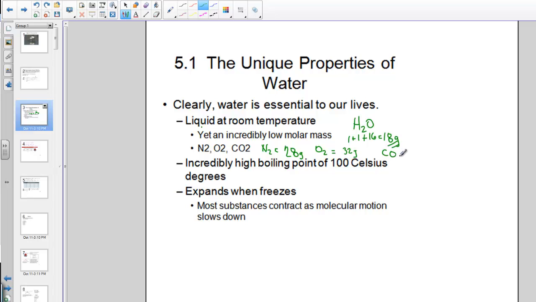And carbon dioxide, what we exhale and which contributes to greenhouse gases, has a molar mass of 44 grams per mole: carbon weighing 12, and each of the oxygens contributing 16, 12 plus 16 plus 16 gives a molar mass of 44. So what we're saying is water has this very unusual property that it's a liquid at room temperature, but other molecules with similar molar masses are all gases at room temperature.